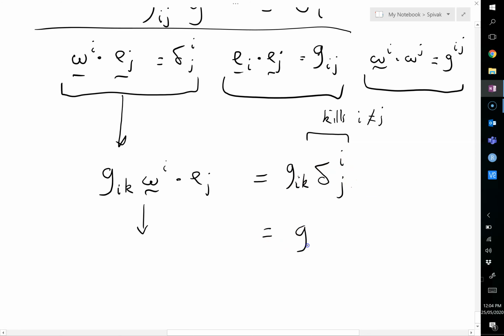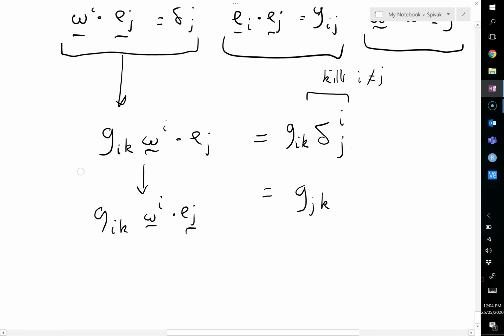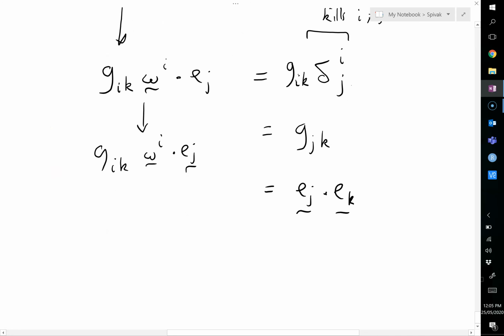So that's just equal to g_jk. And on the other side, g_jk times omega i dot e_j equals that, which is quite nice. And that equals, of course, e_j dot e_k by definition. Now I've got an e_j on both sides.